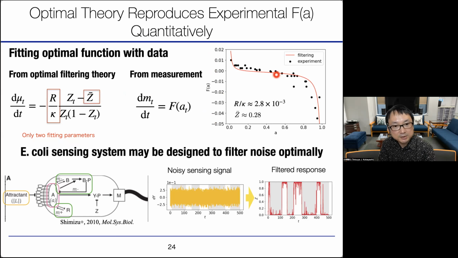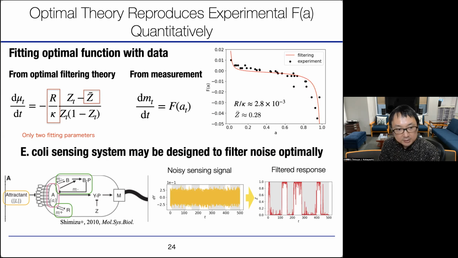This parameter just shifts the curve along the x-axis. So even with only two fitting parameters, our function can nicely be fitted to experimental data. Nice. So this result suggests that the E. coli sensing system may be designed to filter noise optimally.